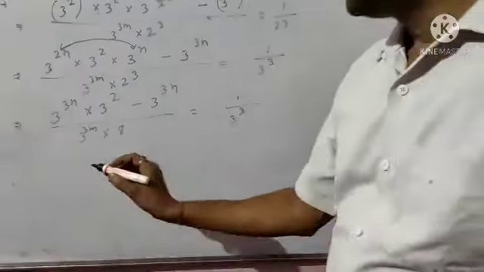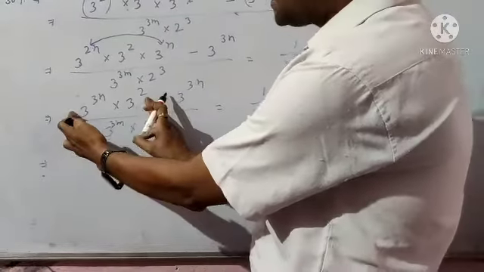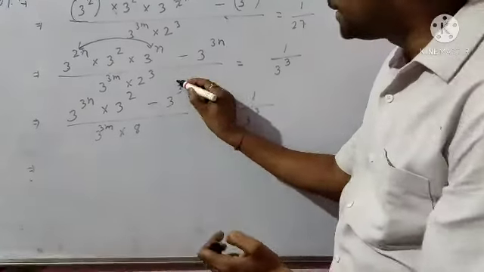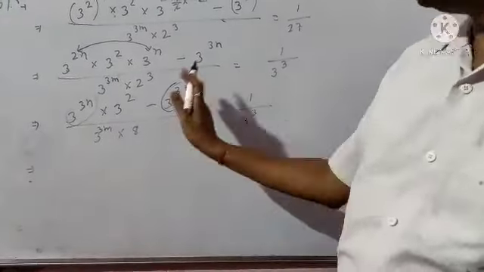Okay, student, what is the common between them? Because this is the one term and this is the another term. In these two terms, 3 to the power 3n and 3 to the power 3m is the common between these two terms.